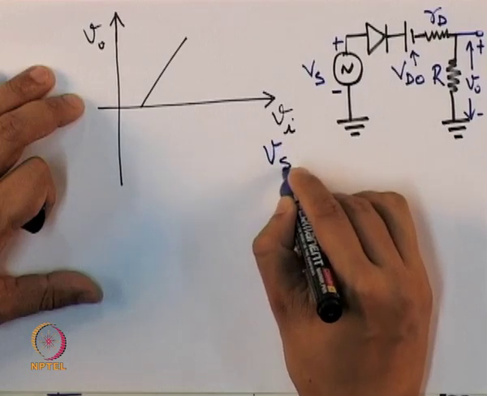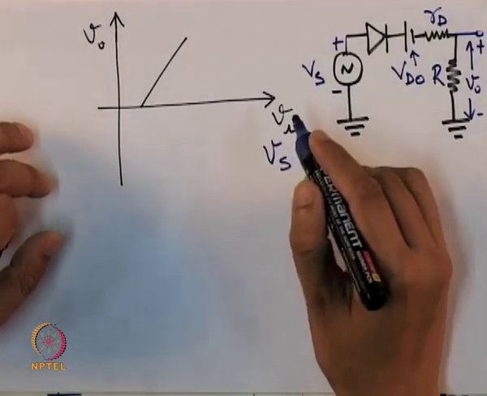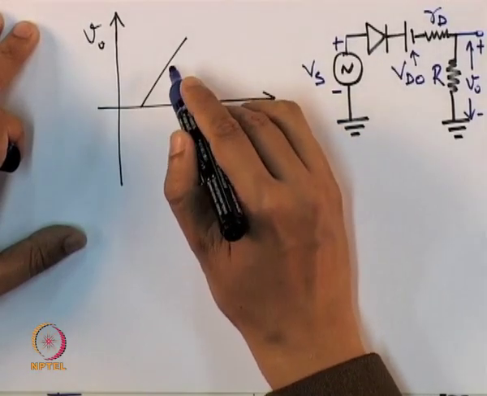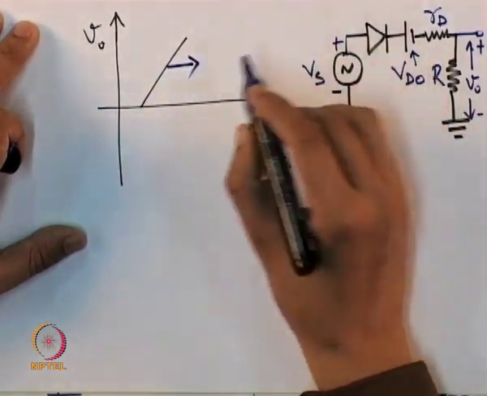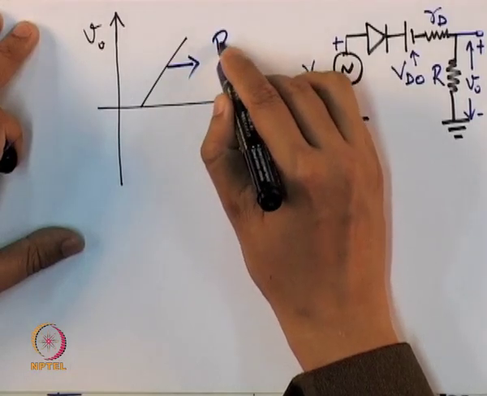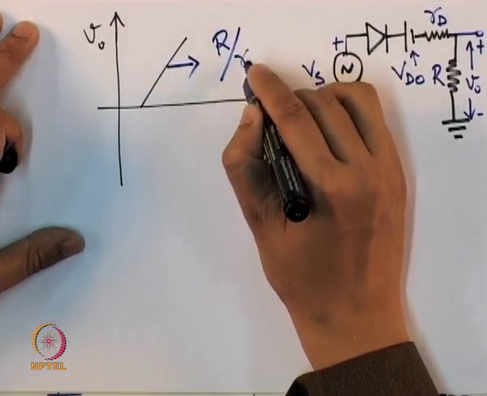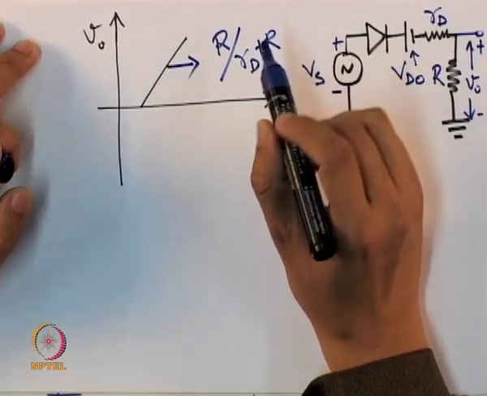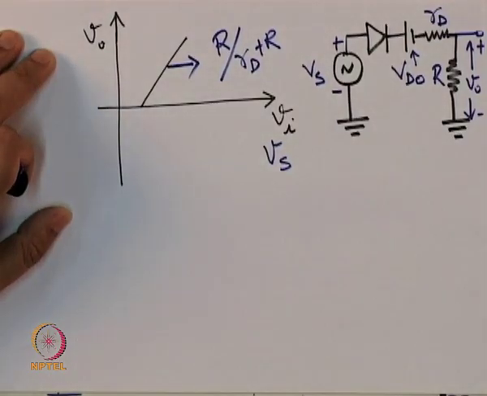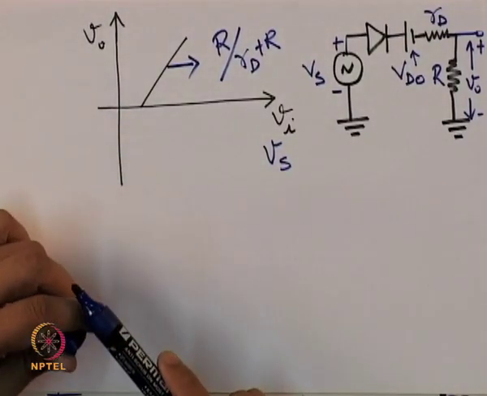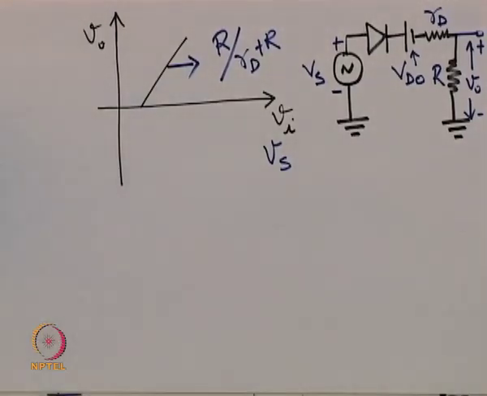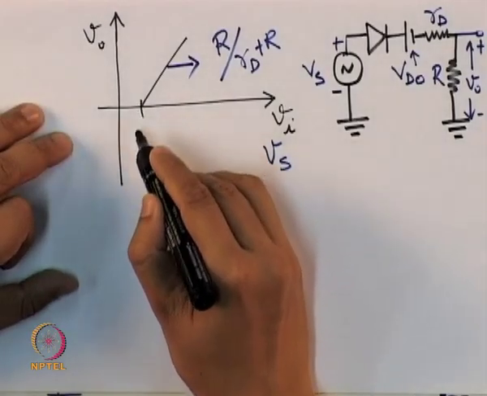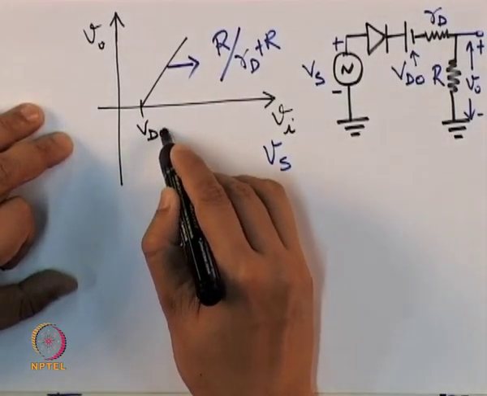This is Vs. The slope of this line is given by R upon R d plus R. With this, here is my V d 0.